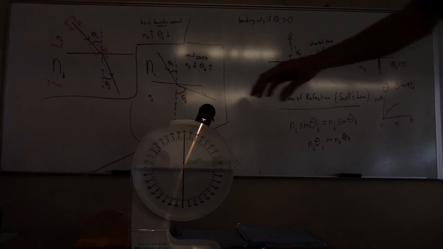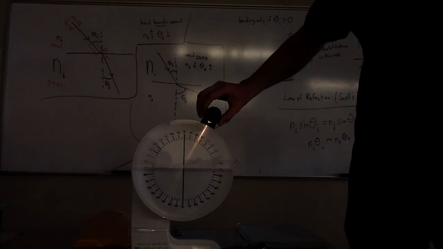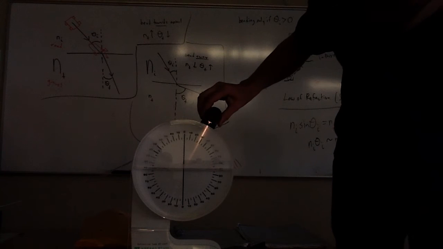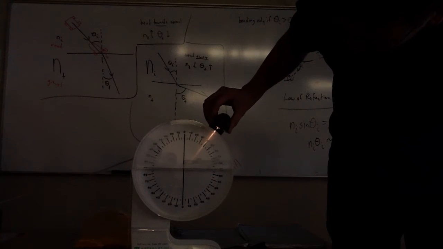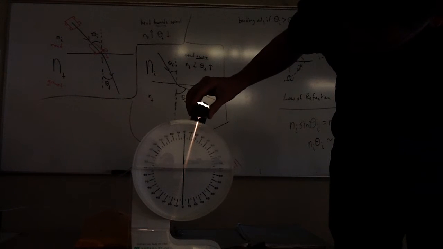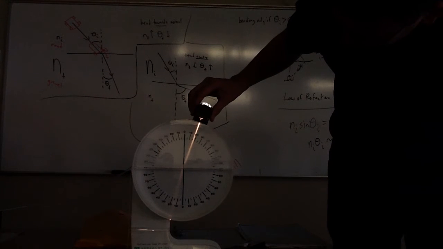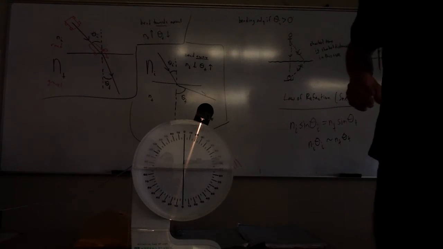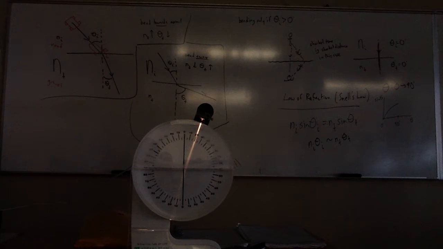Let me make it even bigger. This light seems to be not nearly as bright as I had hoped. Oh, I think it's hitting the edge. Let's try to go with this. Okay, do you see it bending?